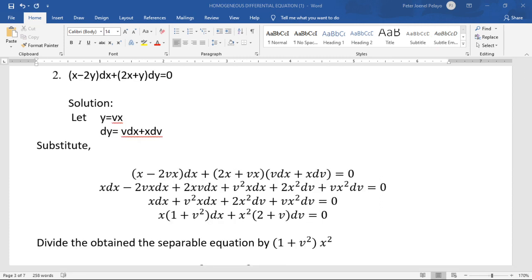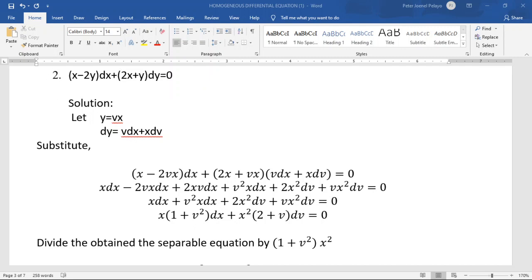Okay, so let's continue. For number 2, the quantity x minus 2y times dx, plus the quantity 2x plus y dy, is equal to 0.